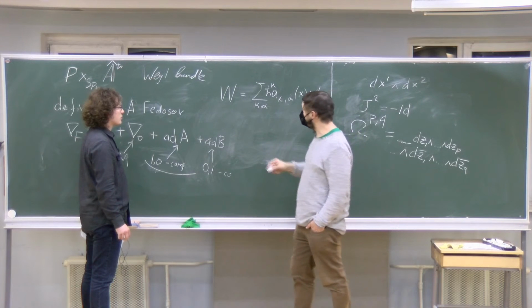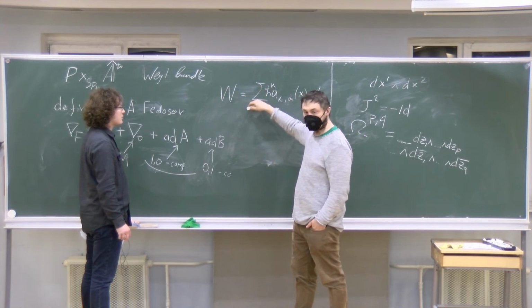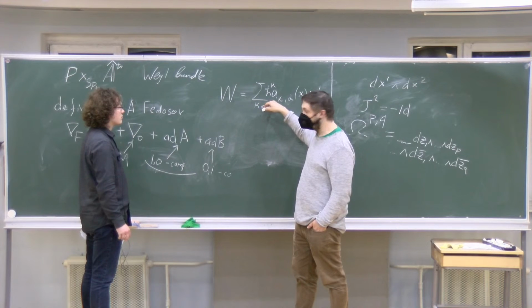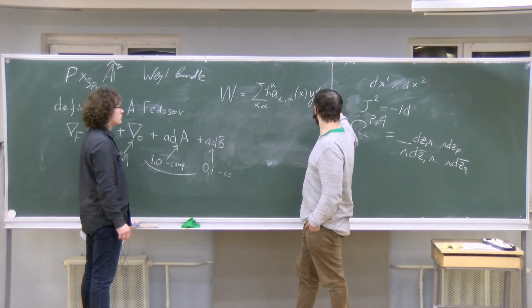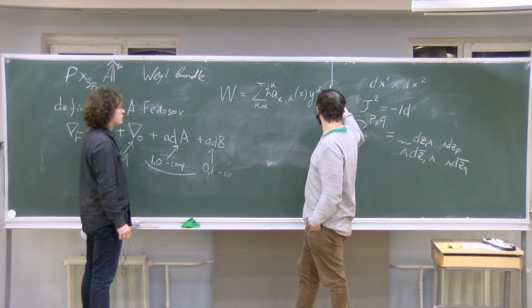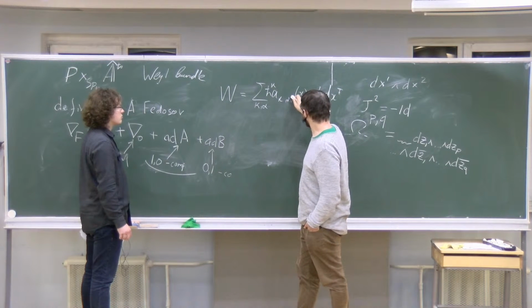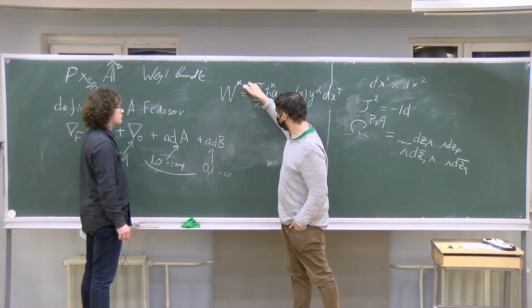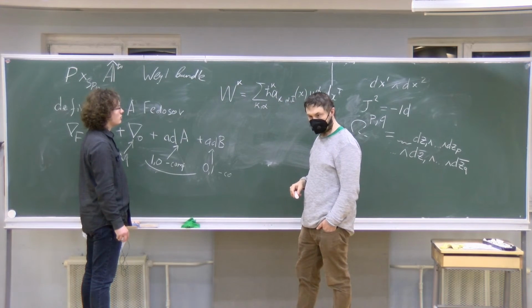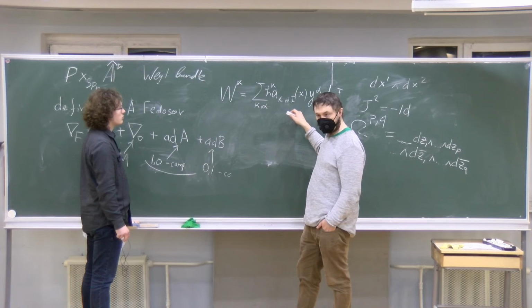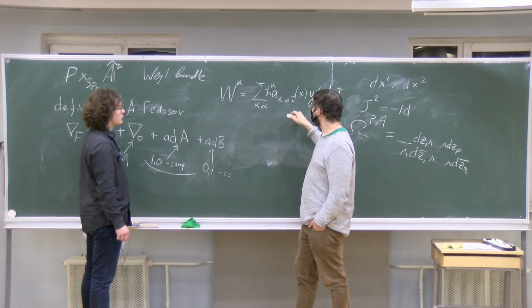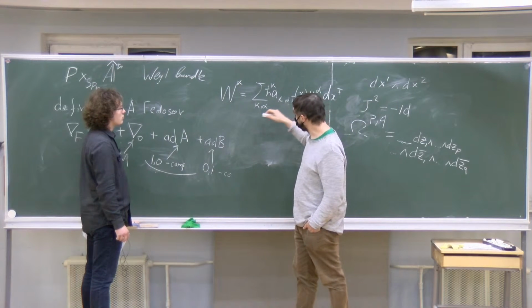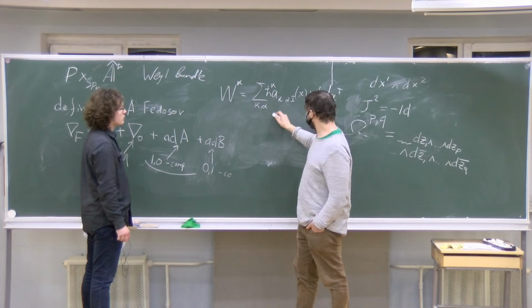When we considered differential forms with coefficients in the Weyl bundle, we had to add dx_I with indices, where I is a multi-index.